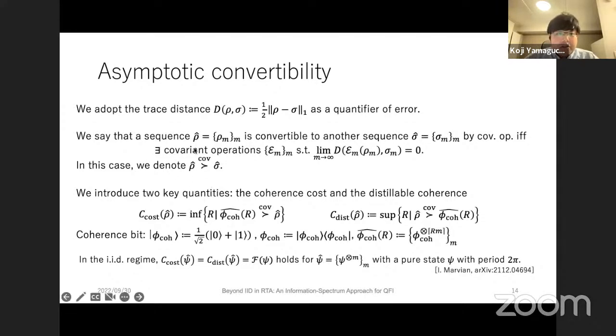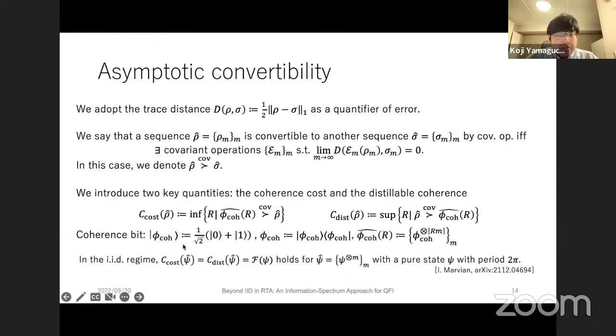In this case, we denote rho hat succeeds sigma hat. We introduce two key quantities, the coherence cost and the distillable coherence. They are the optimal conversion rates from and to a reference state, which are defined by these equations.